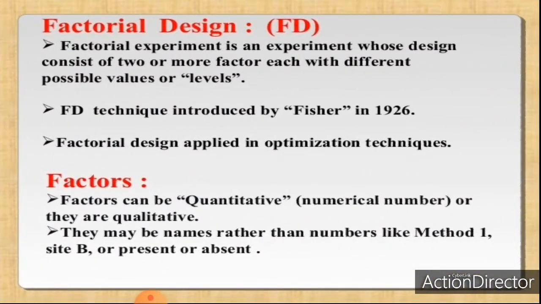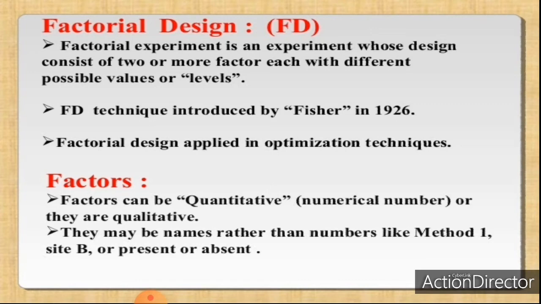Now the last category of experimental design is factorial design. Factorial experimental designs are those designs which consist of 2 or more factors. This design is also known as statistical design. This design is mainly used to measure the effects of 2 or more independent variables at various levels.